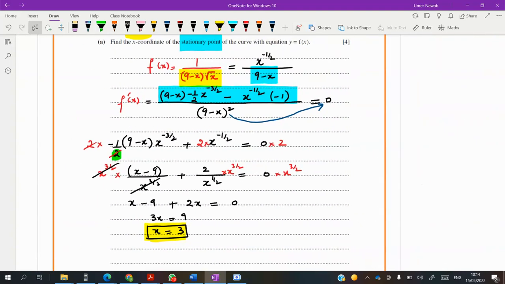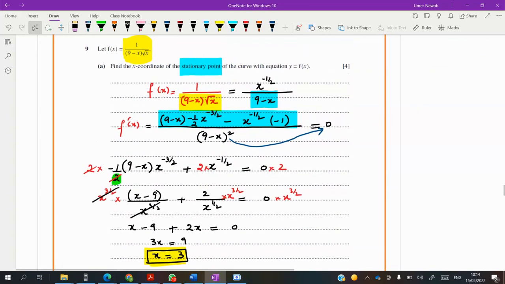Imagine the question looks too hard, but now we could manage it by defining the function in a different way. Rather than keeping 9 minus x and square root of x in the denominator, we pushed one of them into the numerator using the properties of indices, and then we applied the quotient rule.